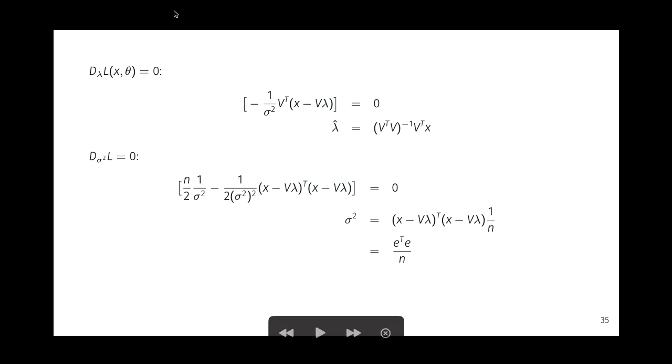Do the algebra, and I'll leave you to do it because I think I've got a meeting with Hector right now, right? I think I've got a meeting with one of the honours students who's not here. It comes out to just the surprising result that the best value of sigma squared is actually E transpose E on n, which is kind of reassuring, right, Samson? Yep. You happy with that?